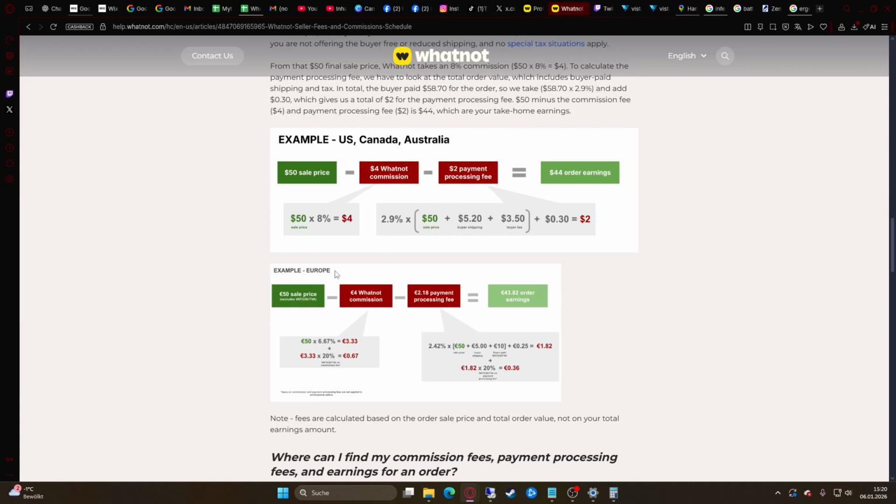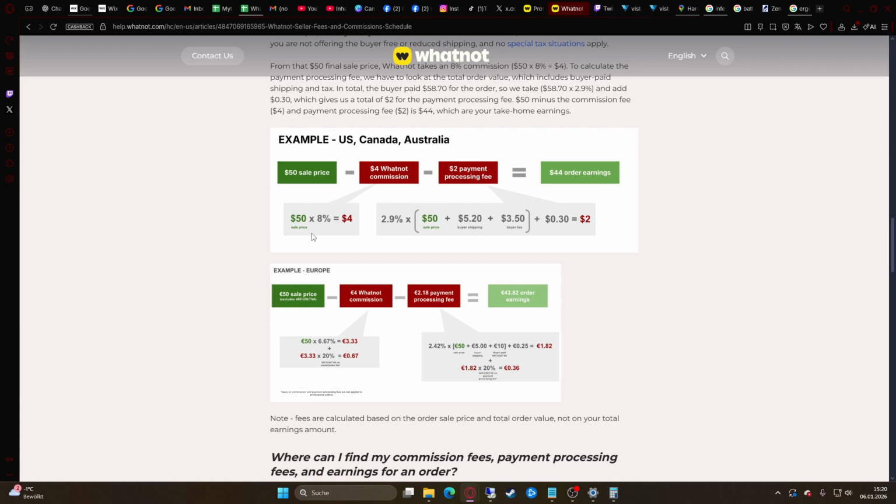For me, I use this obviously for Europe since I'm in Germany and selling there. So the spreadsheet is based on Europe, but you can just edit two small things and get it for the US as well.